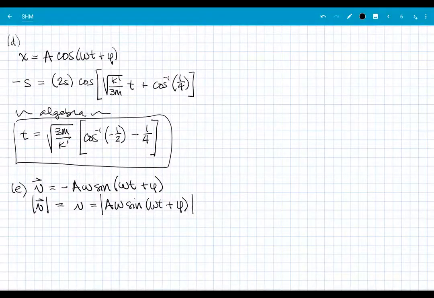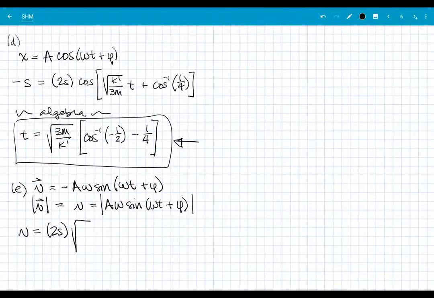Great. So I'm interested in the velocity at this time right here, the time that I just found. So that's actually the time that I want to substitute into the velocity equation. So if I solve for velocity here, what will I get? My amplitude A, remember, is equal to 2s.